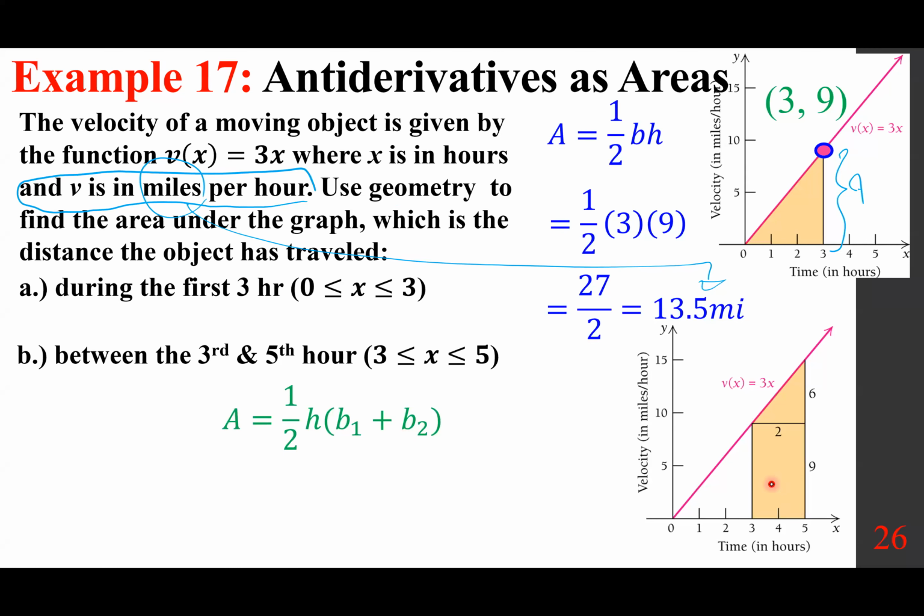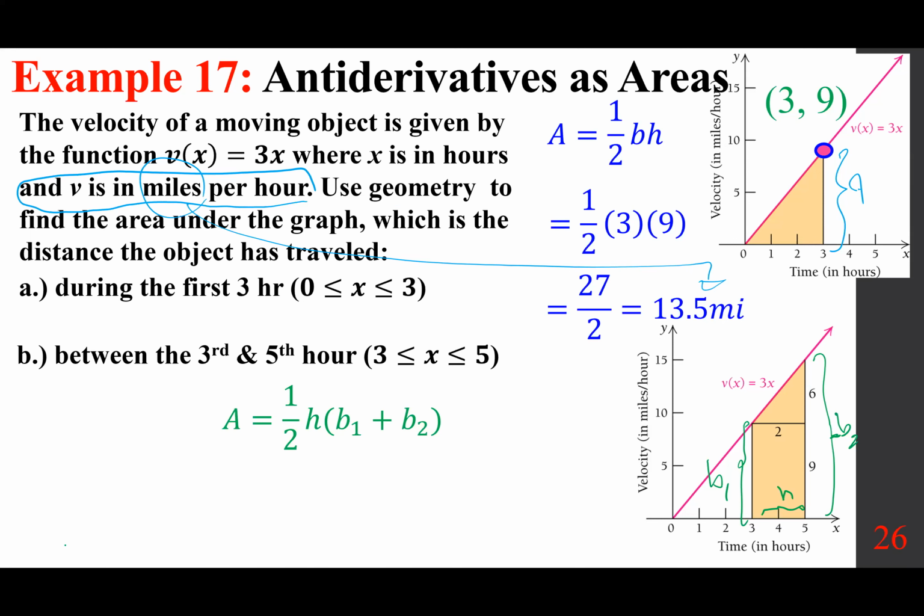So I hope you recognize this is the height, this is the H, which is 5 minus 3 or 2. This is H, everybody. This is B1. This is B2.